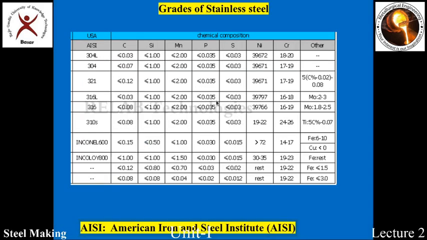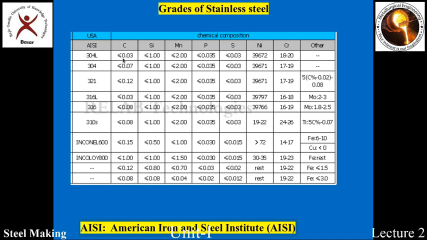Okay. Next slide, if you talk about the grades of stainless steels, in stainless steels there are number designations. AISI stands for American Iron and Steel Institute. 304L, L stands for low carbon.